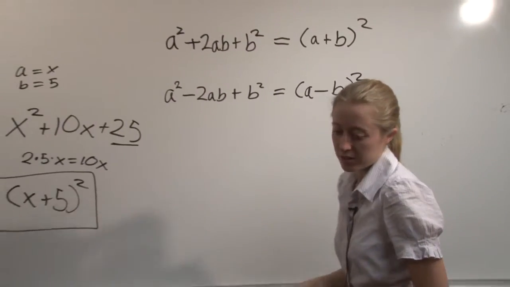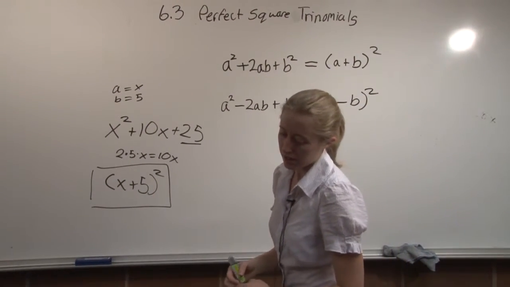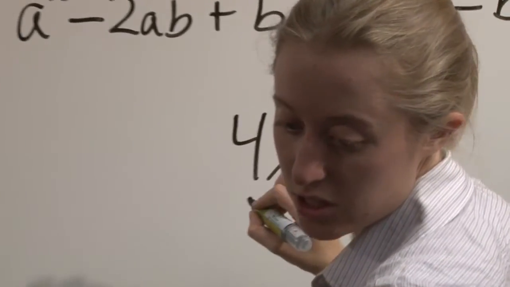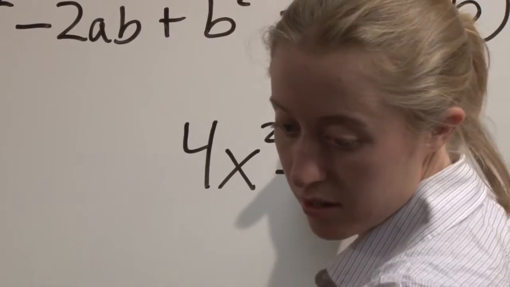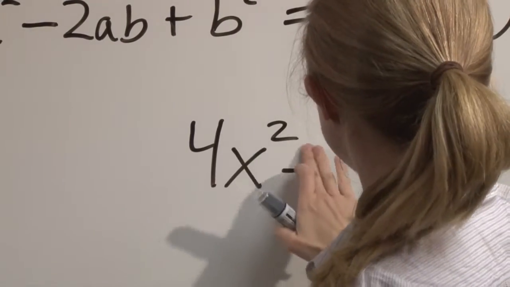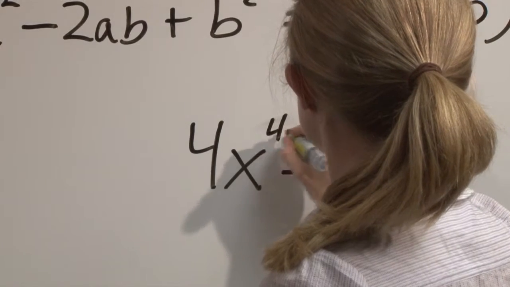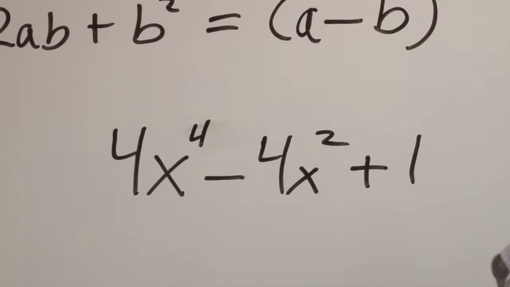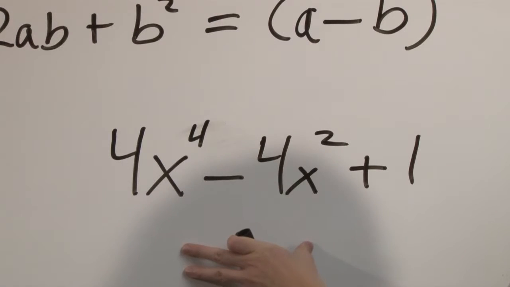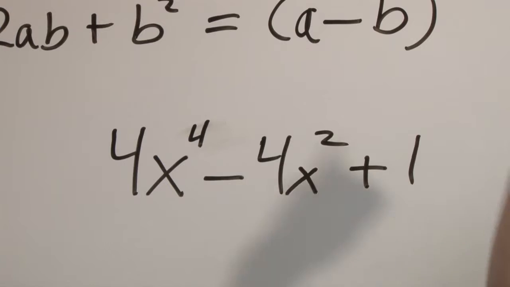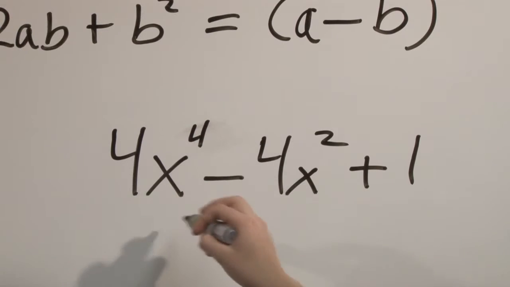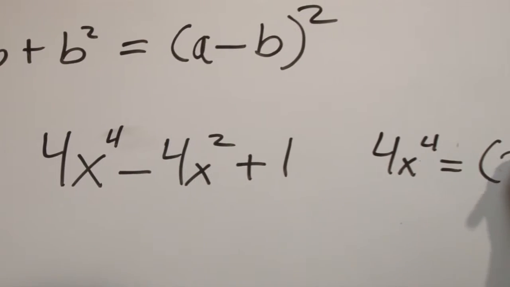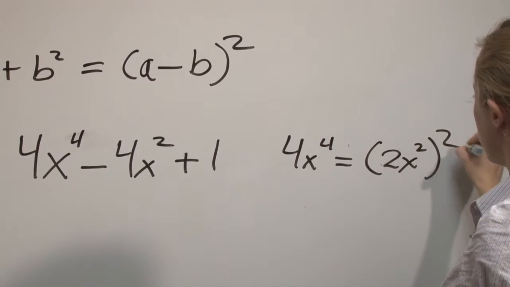So these ones are fairly simple, but you can get into more difficult examples if you have a coefficient on the leading term. That's 4x to the 4th. So this one is a little bit more challenging, but I will still check and see if this is a perfect square. So 4x to the 4th is 2x squared squared.